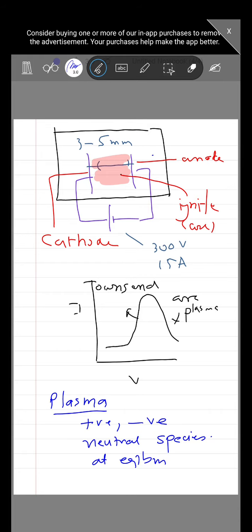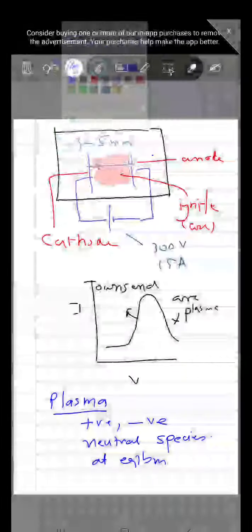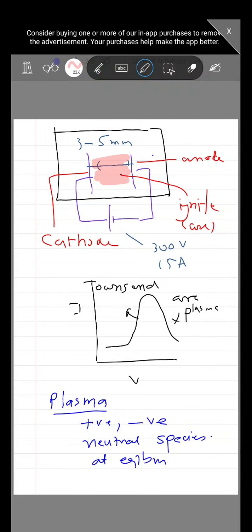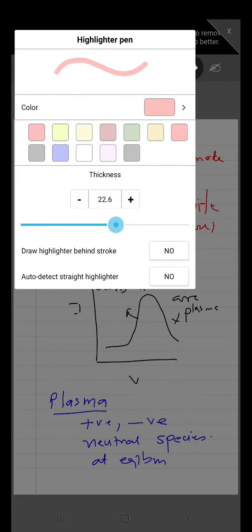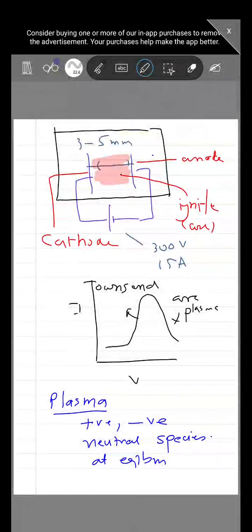Now, whatever powder is formed is deposited in the inner walls of the chamber. So this is where the aluminum powders get deposited.